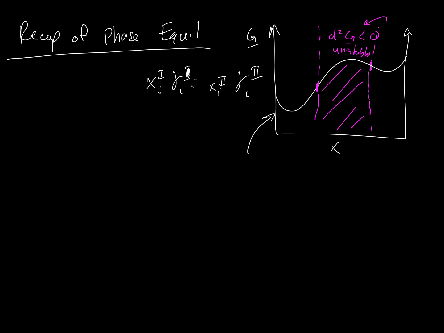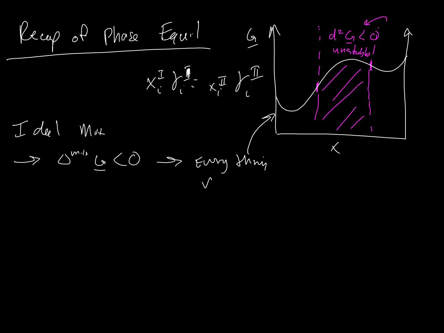Okay, so what we talked about is that for an ideal mixture, the delta mixing of the Gibbs free energy is always less than 0, and no matter what, everything will always be miscible.